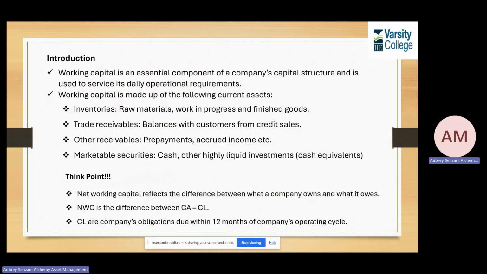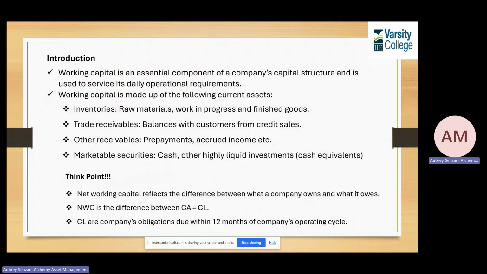Then it tells us that working capital is made up of the following current assets. So you've got inventories, and as you learned in second year, inventory is not just the product that we put on the shelf, but also those raw materials that we use to make our final product, the work in progress, and then obviously the finished goods that we are selling.